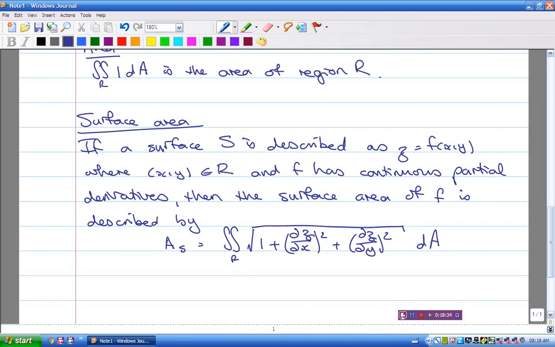There are a couple of ways of looking at this formula, but probably the simplest is that in the background behind this formula is a whole bunch of Pythagoras theorem.